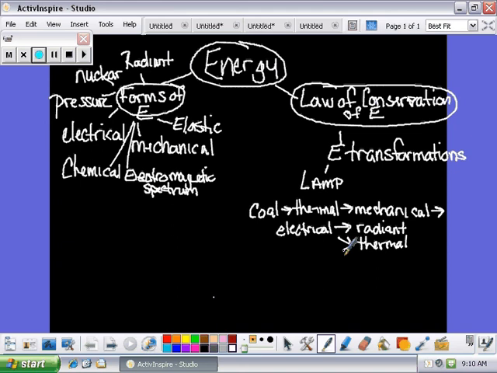Did you even start off with chemical, because of the chemical reactions that happen with the sun, then that turns into radiant and thermal? We could take it back to how coal was formed and take it back to that process. So point being, it goes all the way back to the what? The sun. Everything goes back to the sun. So all energy ultimately starts with the sun. Okay.